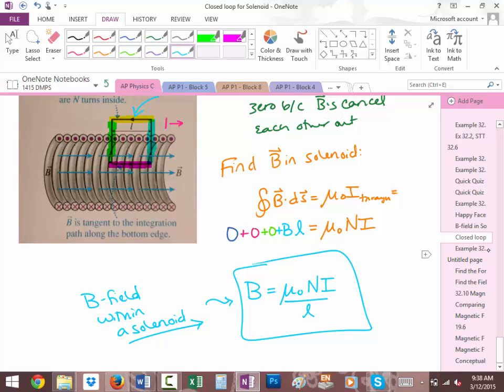But really, they're just using a solenoid to make a constant magnetic field, and then they're looking at properties within that. That's really all it is.